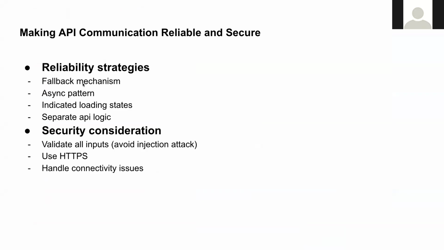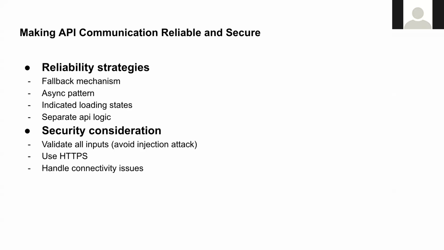Add a fallback mechanism when the API response fails, ensuring the user experience is not broken. And in JavaScript we are using the async pattern, which is very common in JavaScript but better to use with other languages also, with promises to manage the API request flow that we want.